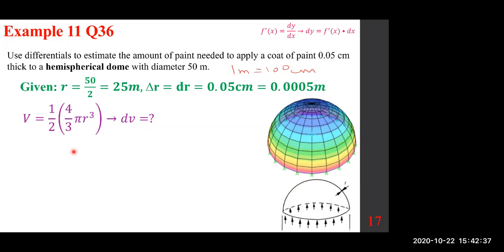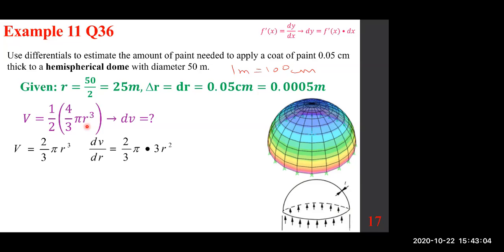So first we find dV dr, which is 1/2 times 4/3 pi, and r cubed, as you recall, gives 3r squared. And so we get 2/3 pi times 3r squared.